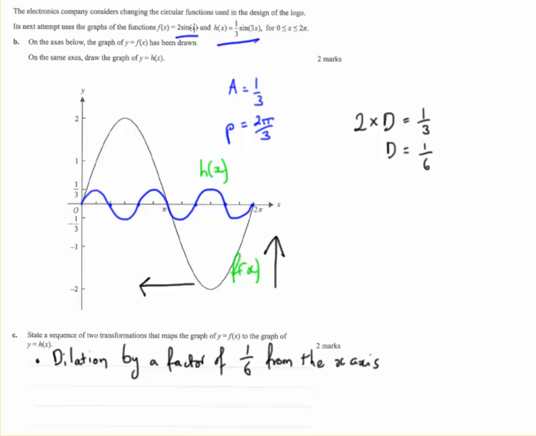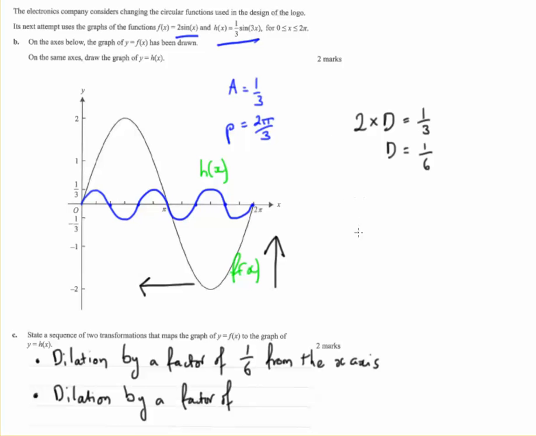So we're going from x here to 3x. What does that mean in terms of dilation? Well, we know it's a dilation. This time it's by a factor of, well, let's have a look.